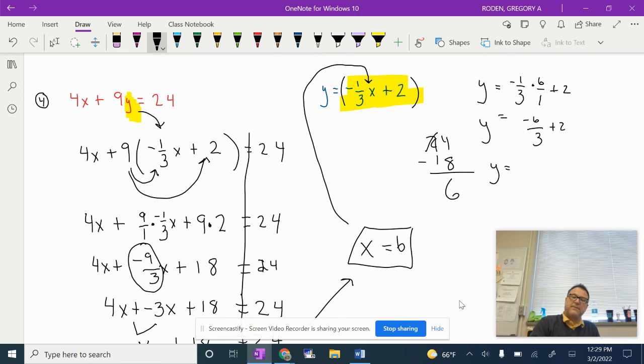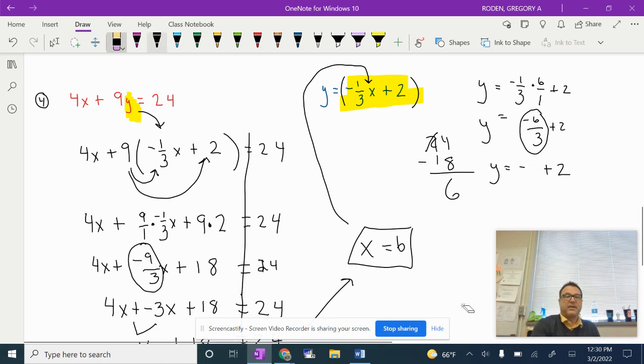Now, a negative divided by a positive is a negative. Negative 6 divided by 3 is negative 3. And then I still have the plus 2. Well, what's negative 3 plus 2? Oh, my bad. Negative 6 divided by 3, that's not negative 3. Mr. Roden, that's bad.